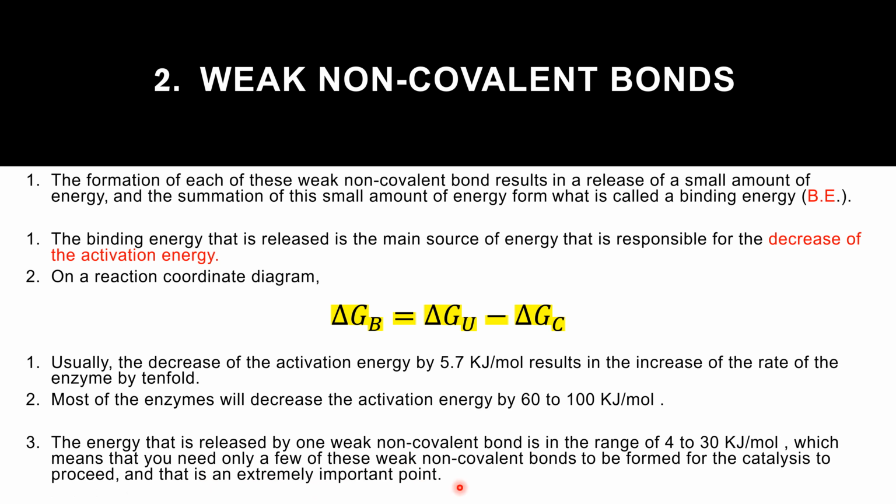But now nature has created that beautifully, so that only a few of the weak non-covalent bonds can facilitate the enzyme reactions in a way that they can lower the activation energy to a much greater degree, and this catalysis can proceed with a very nice rate, right?